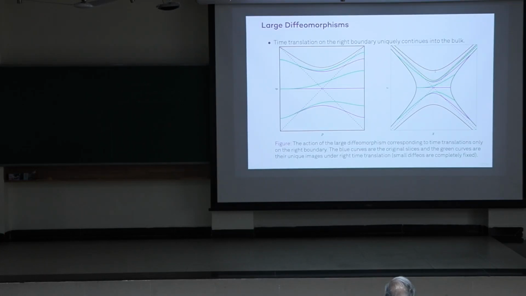One more thing I want to talk about is what happens when you do a time translation only on, let's say, one boundary but not on the other. So I've just drawn the figure. These blue slices are the original constant time slices of my wormhole coordinates, and the green ones are their unique images under a right time translation, and they're unique because I fixed the maximal slicing gauge.